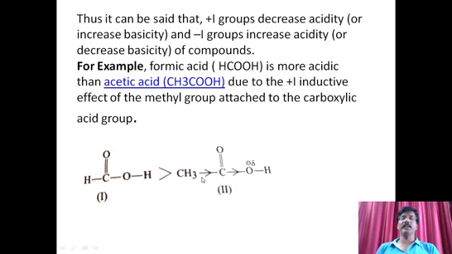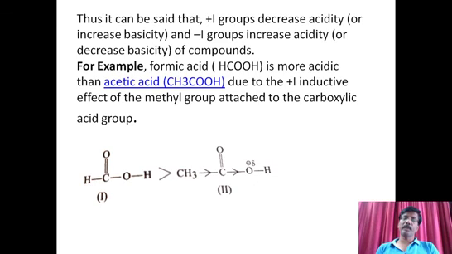The reason is, in acetic acid we have a plus I methyl group substituent, whereas in formic acid there is no plus I group. Okay, if you take propanoic acid, that is CH3CH2COOH, then it is exhibiting a more strong plus I effect, due to which it becomes less acidic in nature.